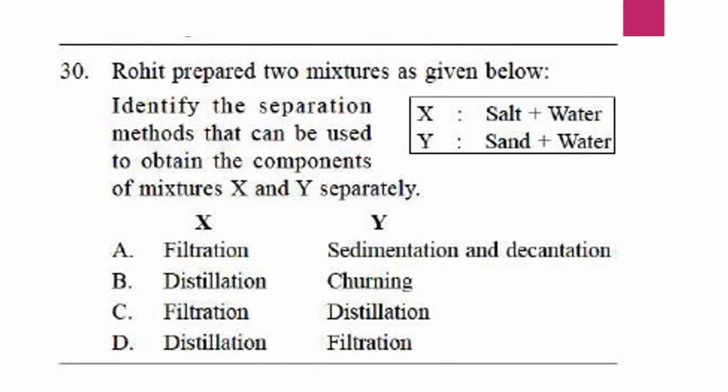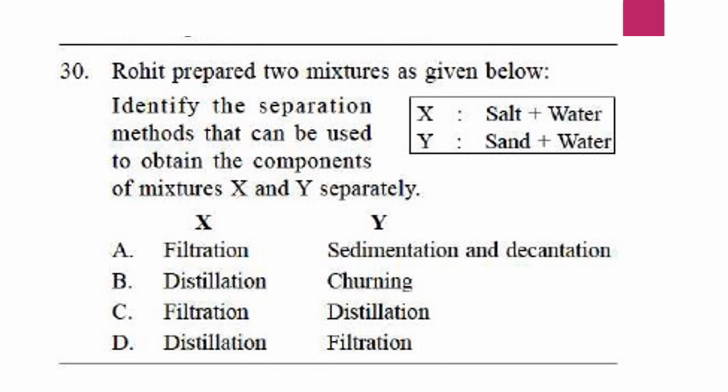Question number 30. Rohit prepared two mixtures as given below. Identify the separation methods that can be used to obtain the components of mixtures X and Y separately. X is salt plus water and Y is sand plus water. We know that salt dissolves in water, so it can't be separated with filtration.